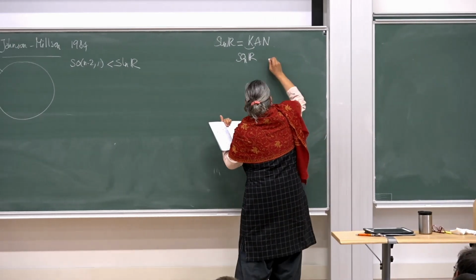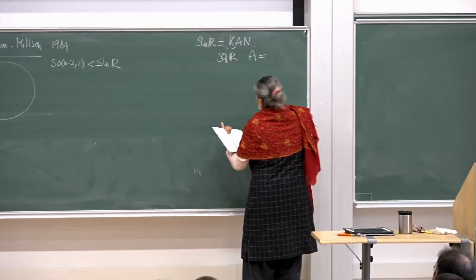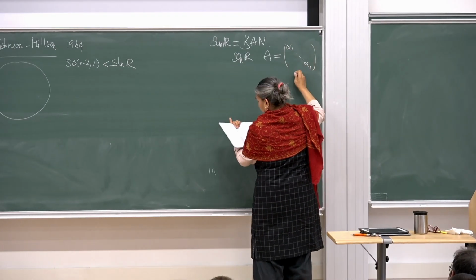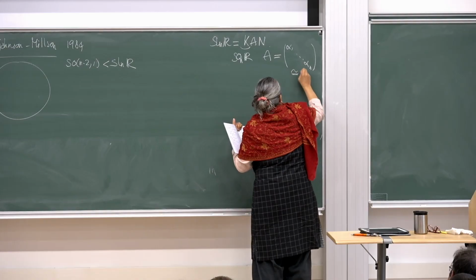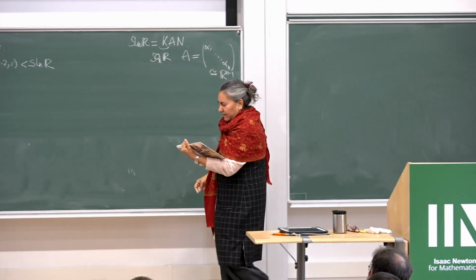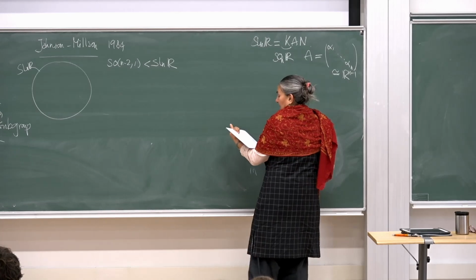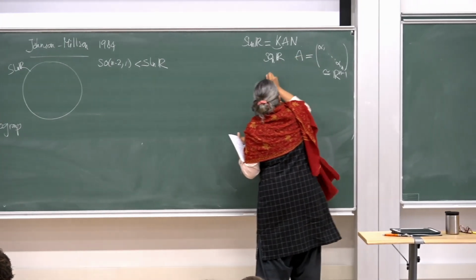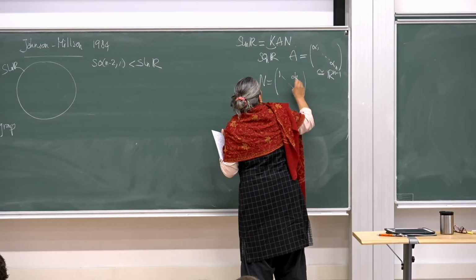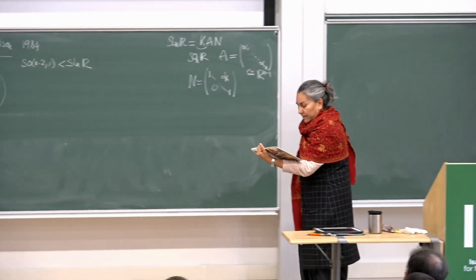A is the diagonal matrices, and this is where you see the rank, because it's going to be this R^(n-1), since there is the determinant. And N is this nilpotent subgroup.